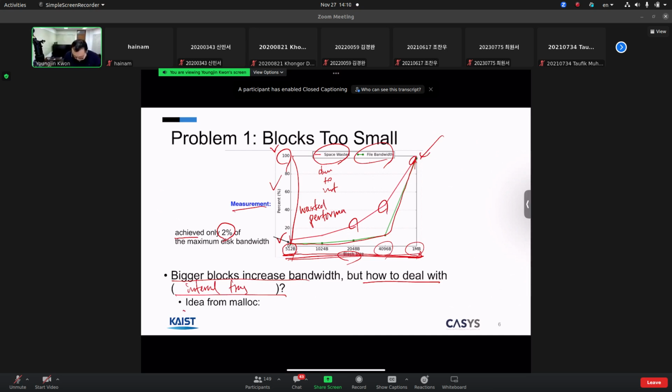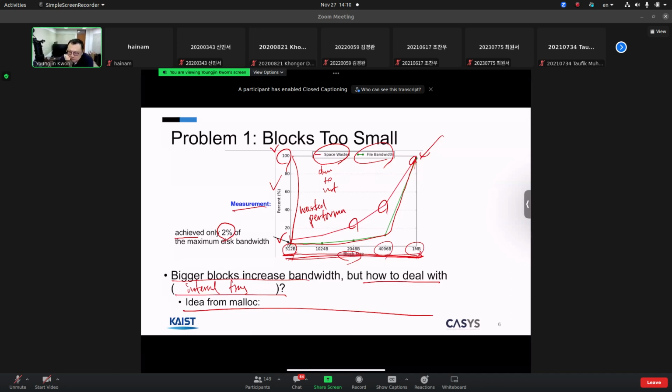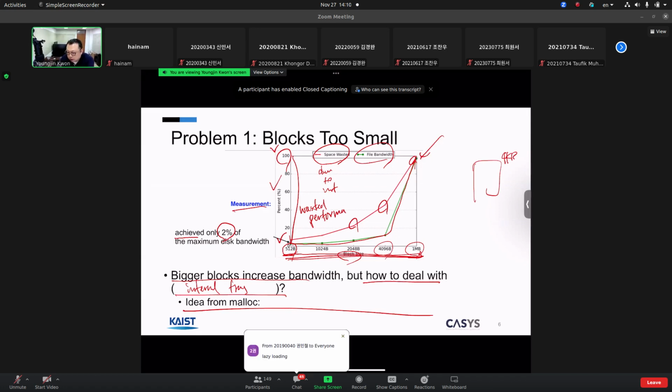So what's the idea? You already learned it from malloc. When you mmap in Linux, you get a 4 kilobyte page. Let's say the page size is 4 kilobytes, but the object size is 128 bytes. Then what do you do?